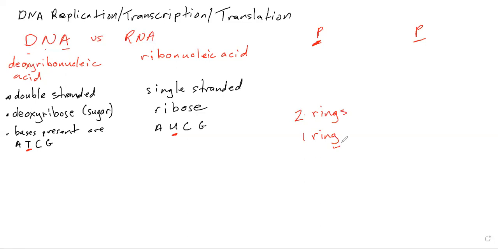The two rings one is purines and the one ring would be pyrimidines. Pyrimidine. And do you know which ones are the pyrimidines? The C and the T, the cytosine and the thymine. Okay, add the U as well.